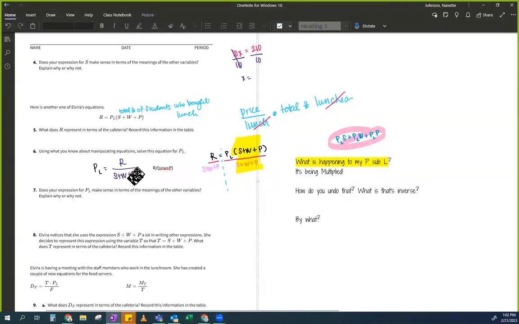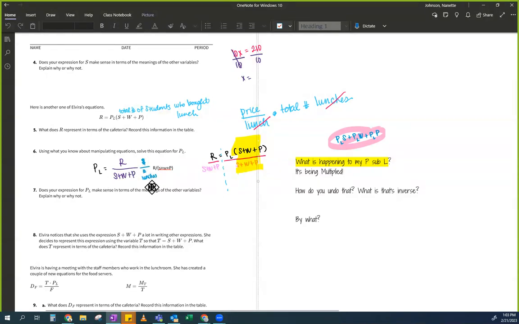In fact, if you looked at units, revenue is measured in dollars. This is measured in dollars. S plus W plus P is the number of lunches divided by a number of lunches. And P sub L means price per lunch.